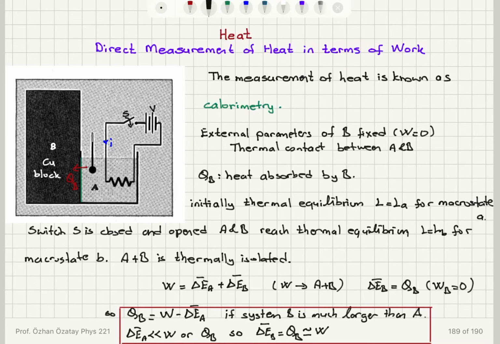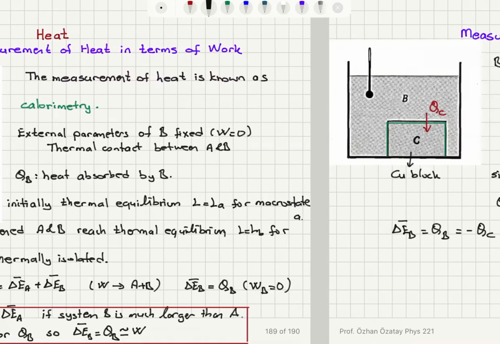There is only heat absorbed by B. Heat absorbed by B is the electrical work provided, minus the mean energy change of system A. And if system A is much smaller, this heat absorbed will be approximately equal to the electrical work done.